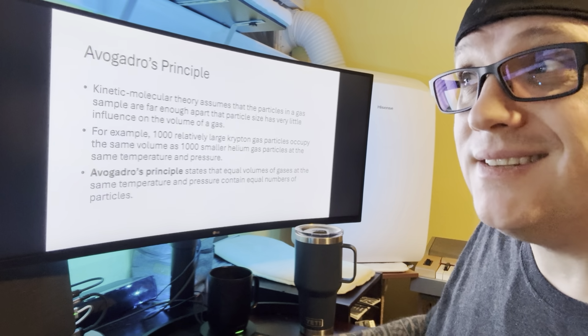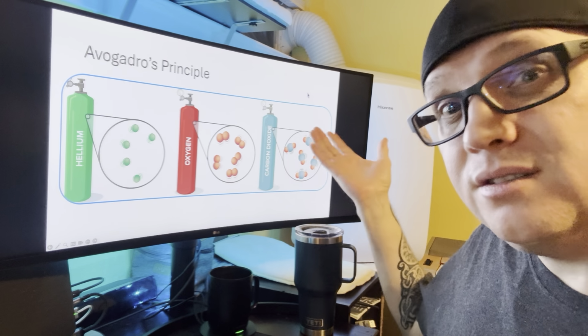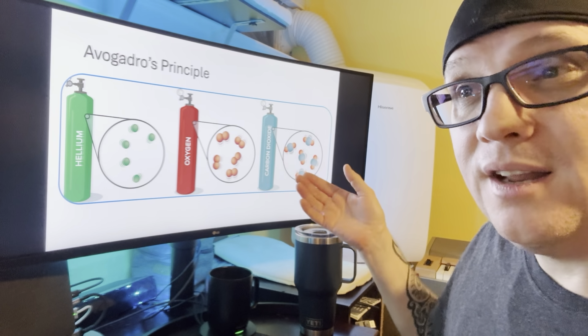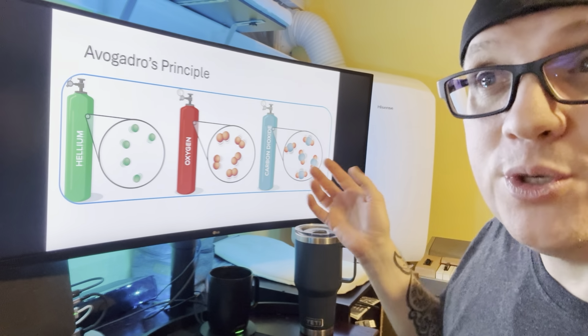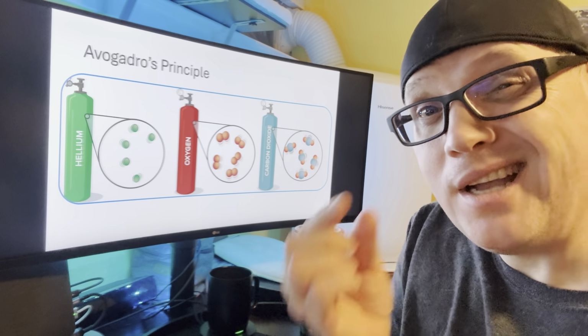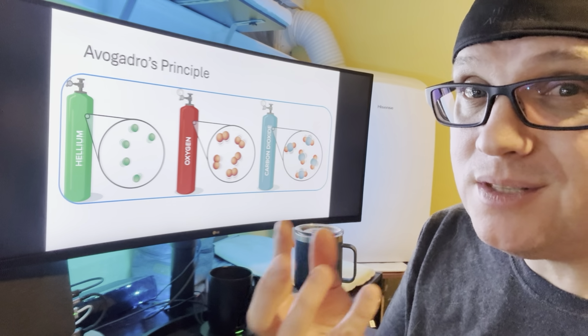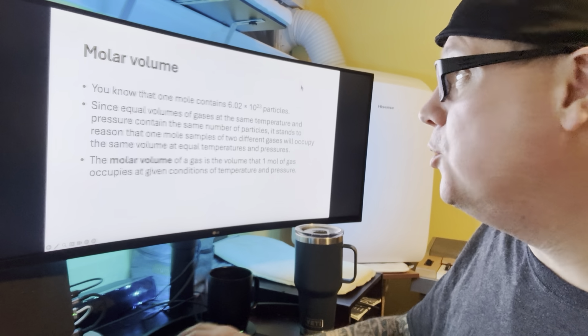He was exploring gases. So if you look at different gases like helium, oxygen, carbon dioxide, I could have the same size container, same pressure, same temperature, and inside I have the same number of particles. Because they're that tiny, the size of the particle doesn't make much difference to the amount in there. It's kind of cool, actually.